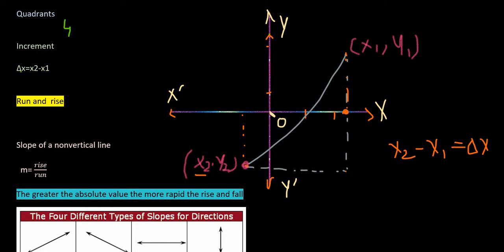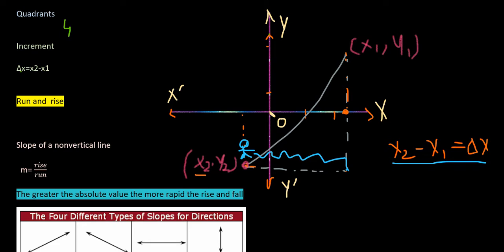You can also say that you can find out how much a man runs from this point to that point. Let me draw a man over here. He runs from x1 to x2, to this point. Okay, this is our increment over the x-axis.